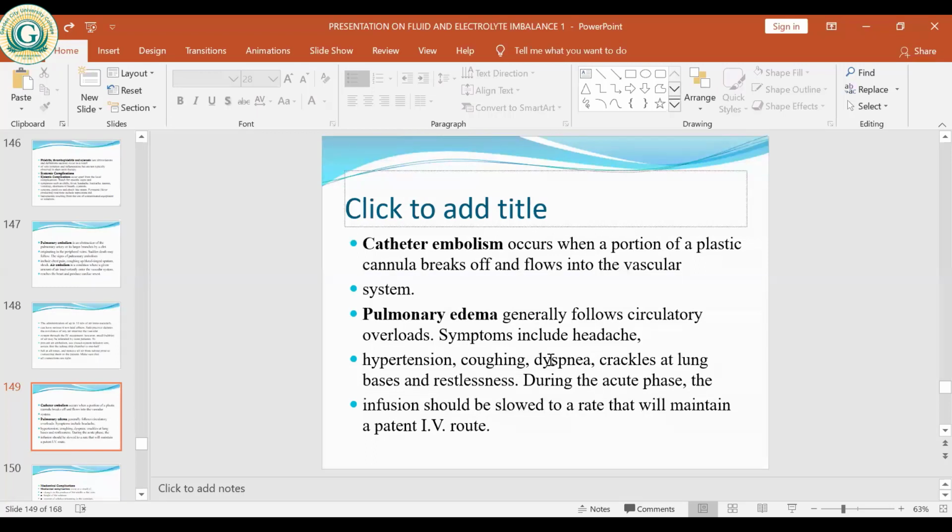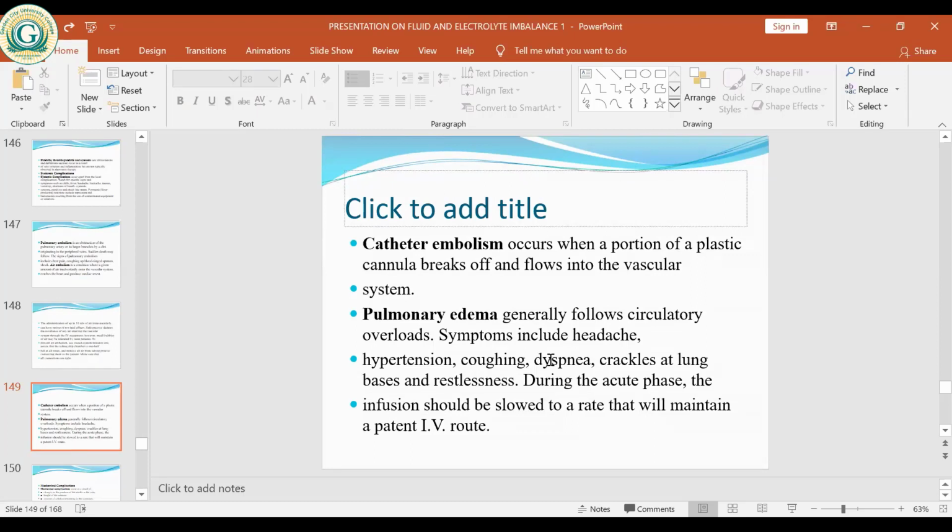It can be detected by exposing the body to X-rays, because that rubber catheter is made up of certain elements, silicone, and certain radiopaque material, which can stop radiation. So once it enters the circulatory system, we expose the person to X-ray, and we can know where it's lodging. Surgically, we can remove it.